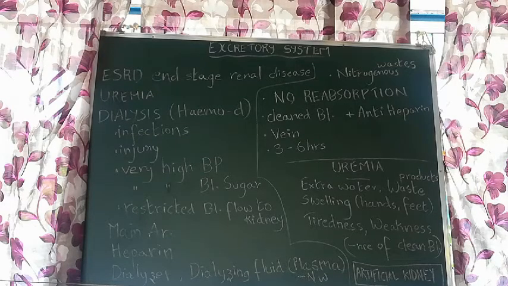Now, in the process of filtering the blood artificially in kidney failure patients, naturally who filters the blood? Kidneys. When the kidneys have failed, then artificially, from outside the body, this dialyzer filters the blood. Now this whole process is called dialysis.